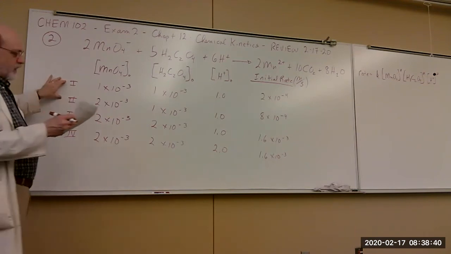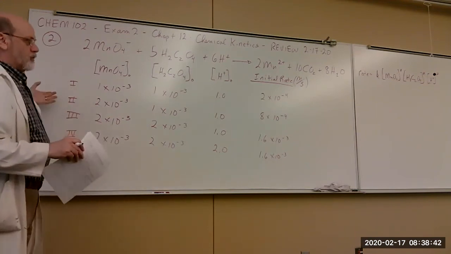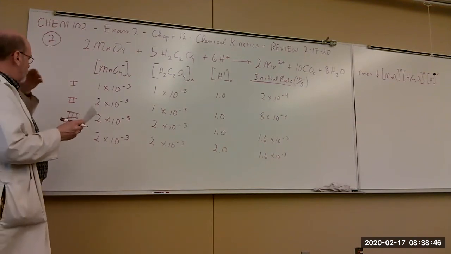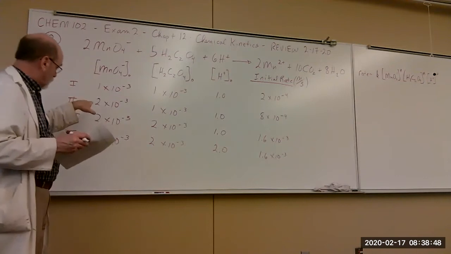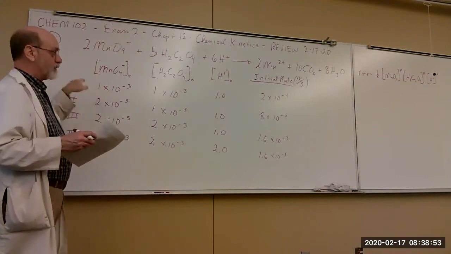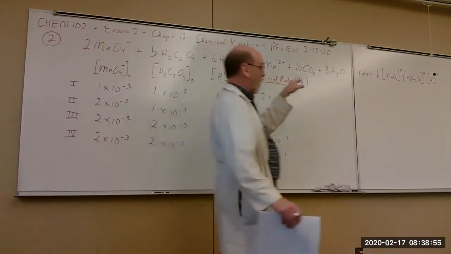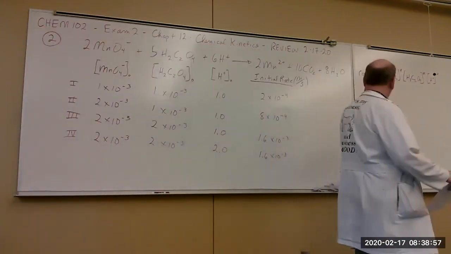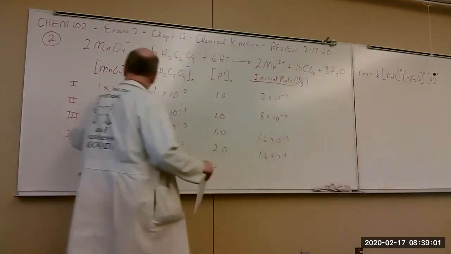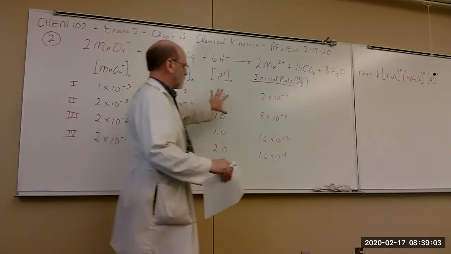So how do we deal with that? We ratio. We set up a ratio with this one on top in the numerator and this one on the bottom. What do I mean by that? We're going to take the rate law, because we have a value for the rate for each of the experiments, and we have this variable with those held constant.